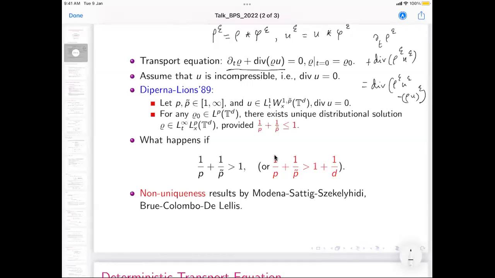The entire work of DiPerna–Lions essentially is that if you do some manipulation, this right hand side, which I have written, is the commutator essentially. Roughly speaking, you can write it like rho epsilon times the gradient of u epsilon. Some algebra will give you this. And now we will appreciate why we need this kind of bounds.